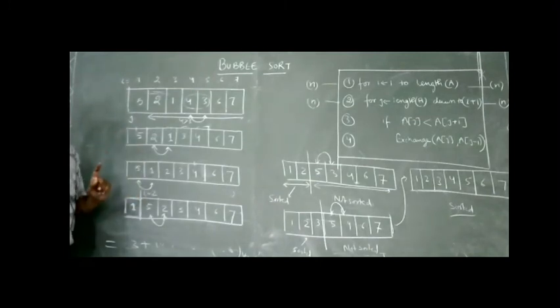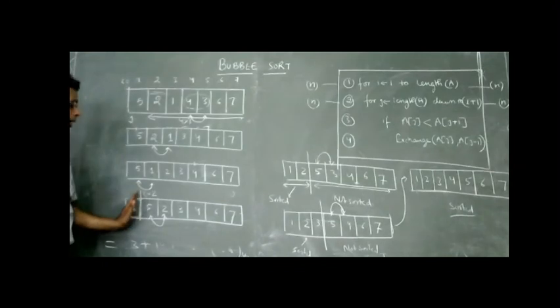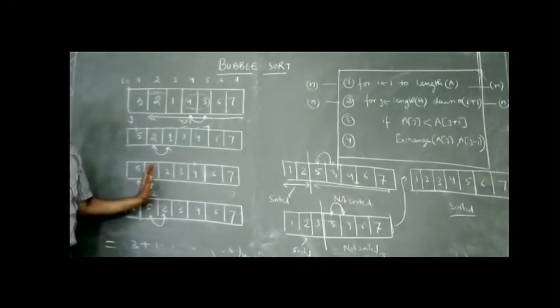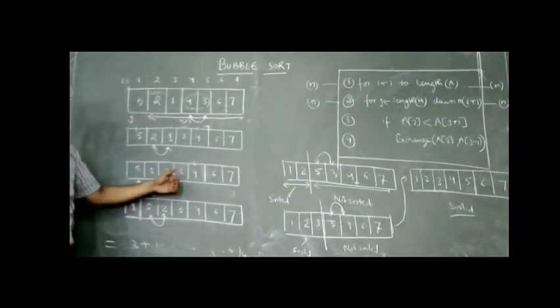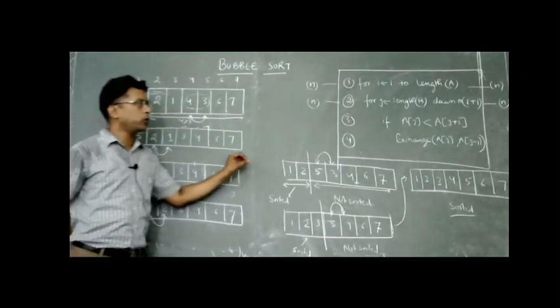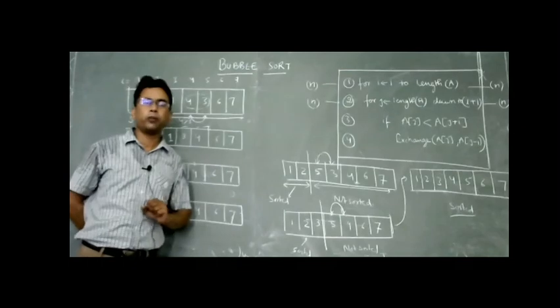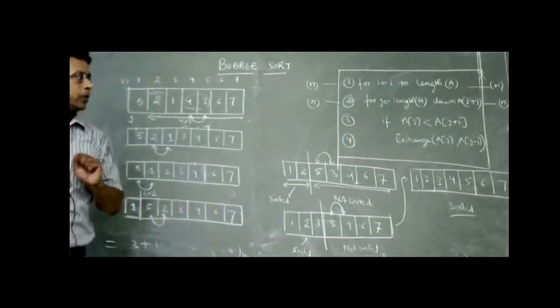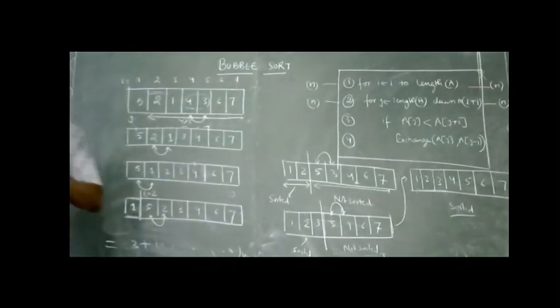And after every iteration, we get the smallest element on the left hand side. In this way, for n elements, we need n iterations to sort the array completely. And so, on average, the complexity of bubble sort is O(n) square, and in the best case, it is O(n). That's it. Thank you.